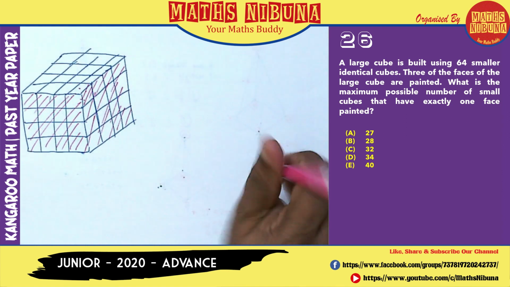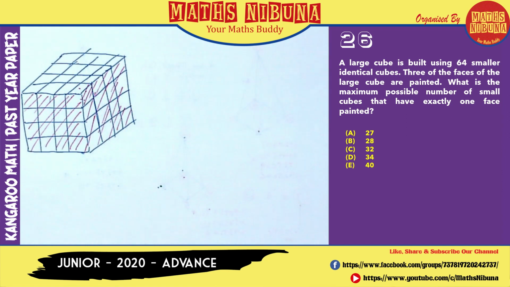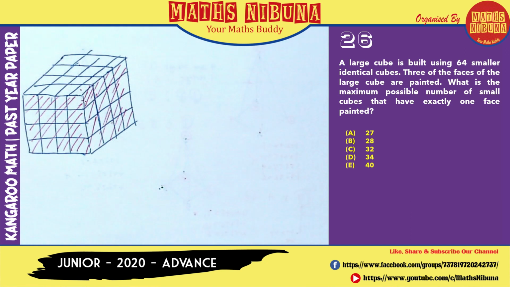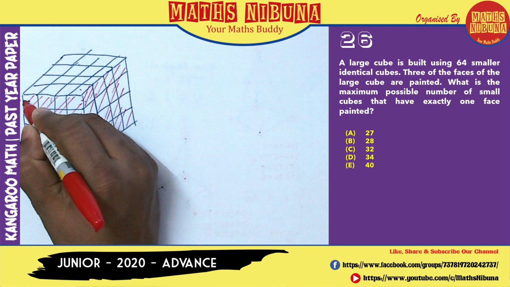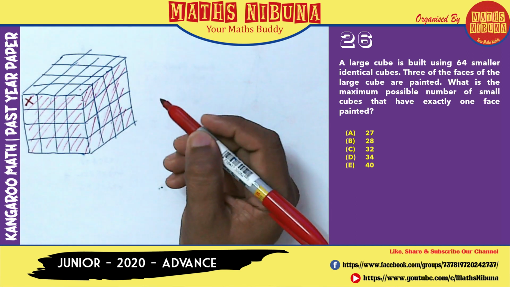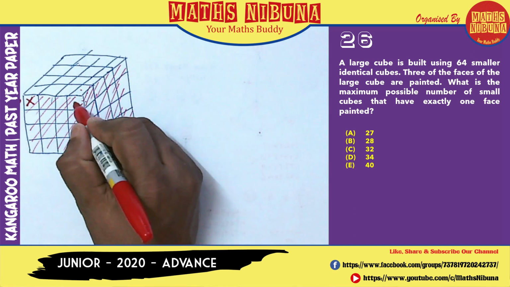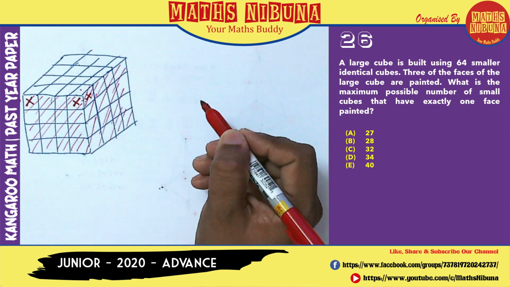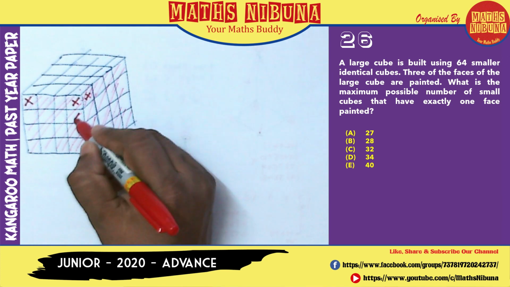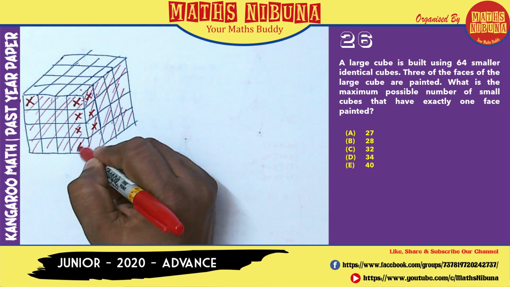Now we find the maximum number of cubes that have exactly one face painted. This one I paint here, I also paint here, so this one cannot. Already two sides painted. This one also cannot, this all cannot, because all are painted on two sides.